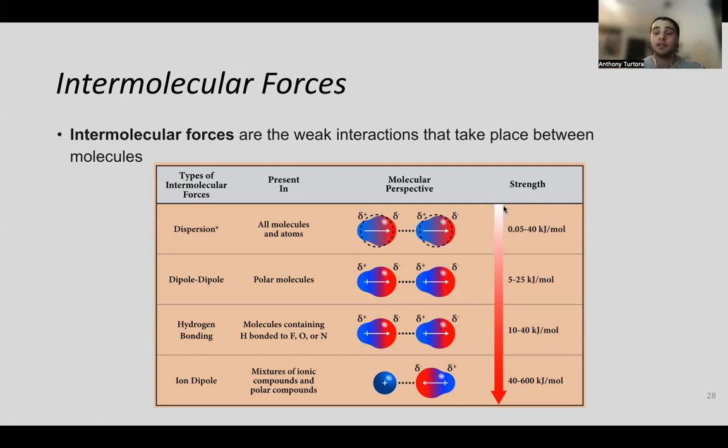And this is the least strong of all the intermolecular forces. This is a good chart to go through just to realize the strength of each one. But now I'll go further into dipole-dipole and ion dipole forces.